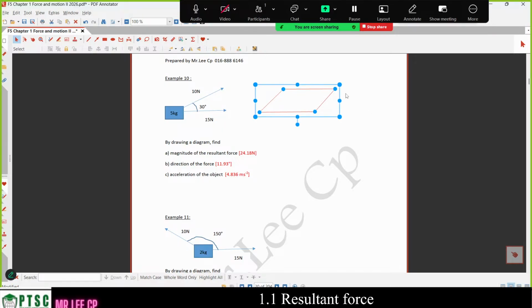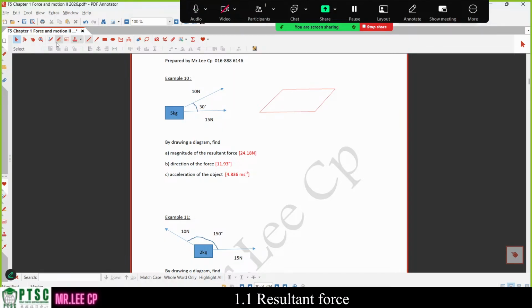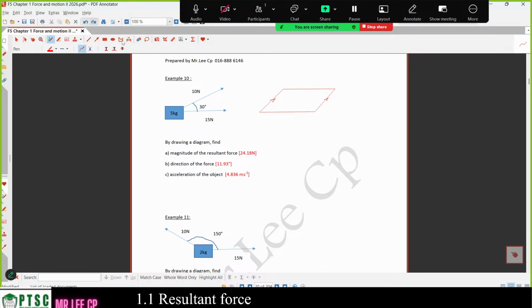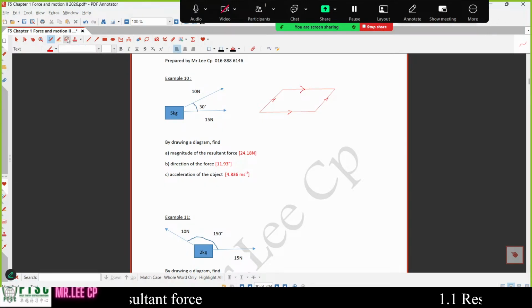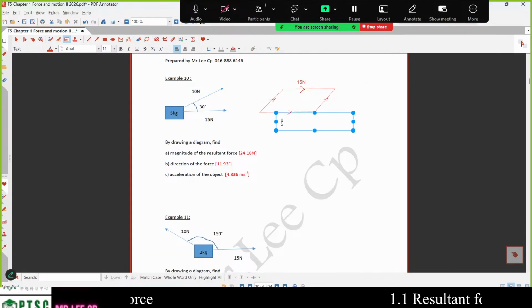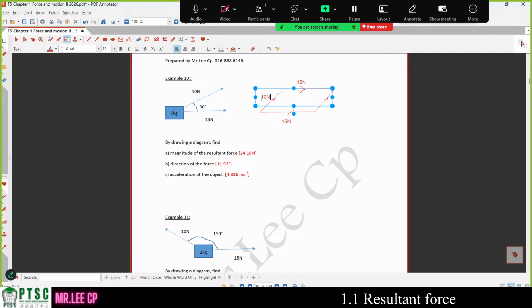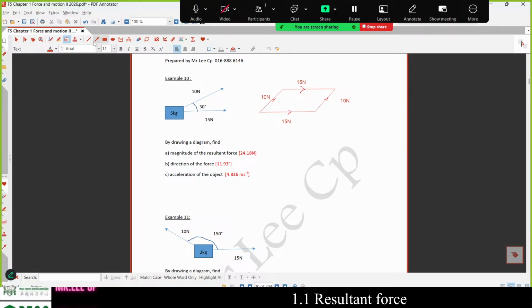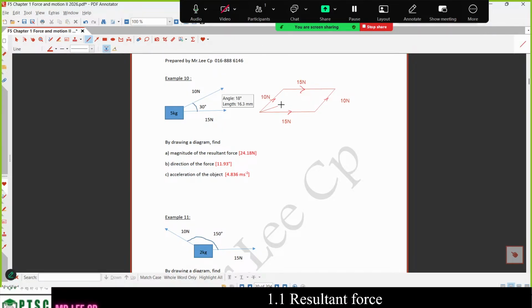Okay, right. So I label the 10 Newton here, 10 Newton here. Here it is 15 Newton, here it is 15 Newton. So the resultant force is from here to here.